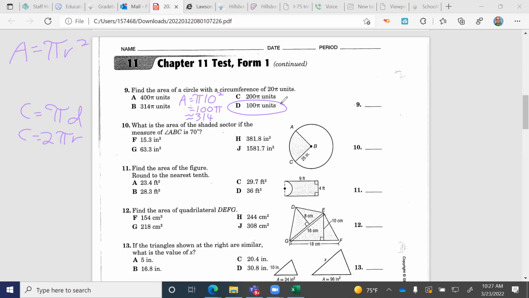All right. Number 10. What's the area of the shaded sector? The only difference between 9 and 10 when it comes to our formula is that this one is only using part of a circle. So this is our formula for an entire circle. If you're just doing part of a circle, which is a sector, you're doing the measure over 360 times pi r squared. So the fraction of the circle you're using, here they told us this is 70 degrees.